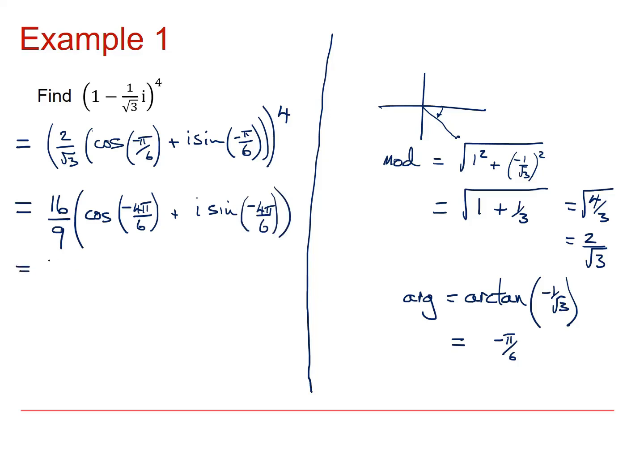Just simplifying that a bit, I've still got 16 over 9 cos of minus 2 pi by 3 plus I sine of minus 2 pi by 3. Well, the cos of minus 2 pi by 3 gives me minus a half, and the sine gives me minus root 3 over 2.